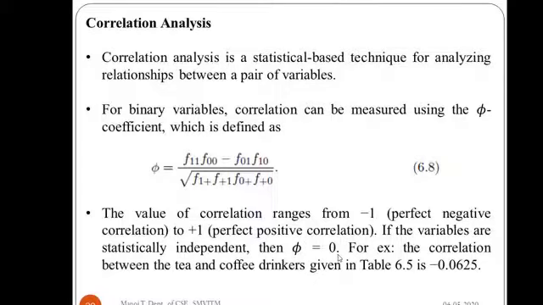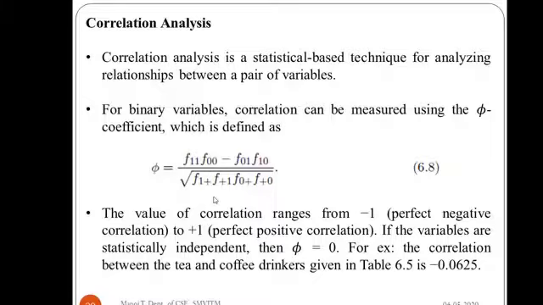If you consider the tea coffee example, you will get the correlation as -0.0625. Why do you get that value? You just use the contingency table and put in the respective values.